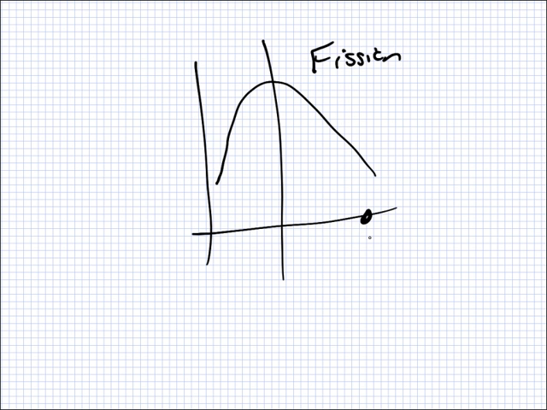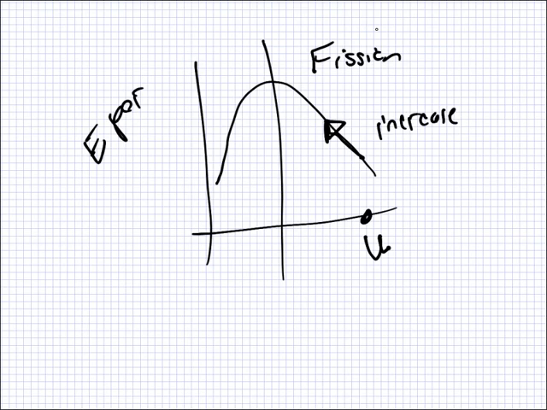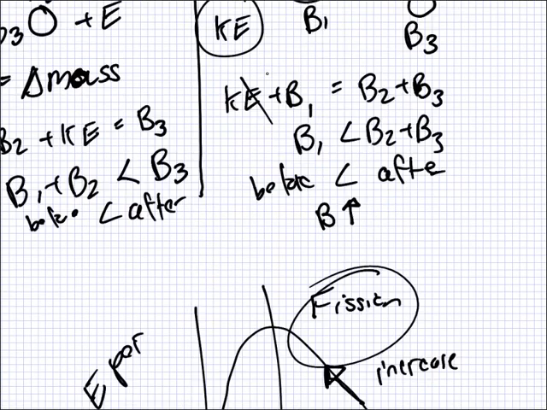You start with something big like uranium, and you move this way. So that means this is energy per nucleon. Looks like it will increase. So if I look back at number one, binding energy per nucleon decreases. That is false for fission. So that should be false.